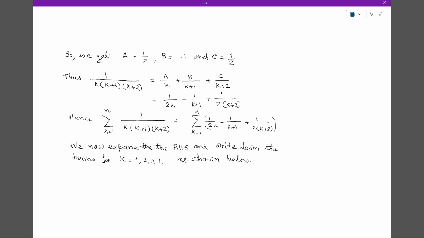We will now expand the right hand side and write down the terms for k is equal to 1, 2, 3, 4, etc. as shown below.